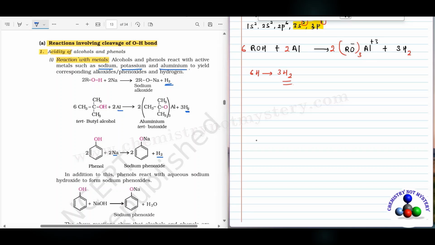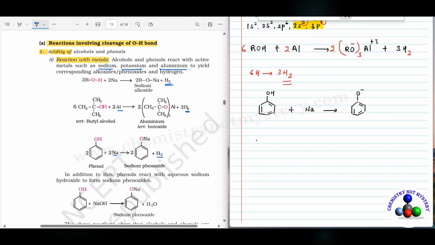Now let's write the reaction with phenol. So this is benzene with alternate single and double bonds, and when it is bonded to OH, it becomes phenol. When it reacts with sodium, in the same way, H plus will be removed, and that H plus will gain an electron from sodium, and the phenoxide ion will be formed, which will make a bond with the Na plus ion.